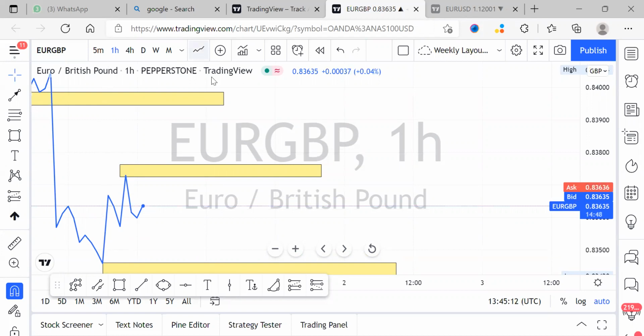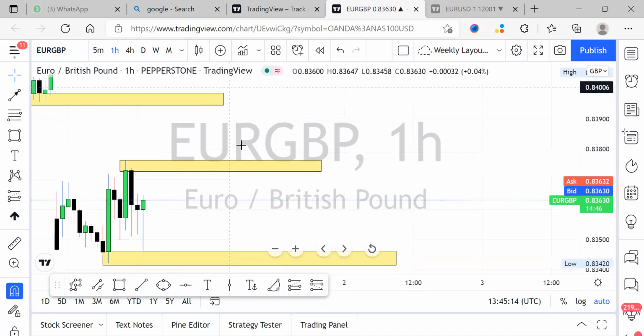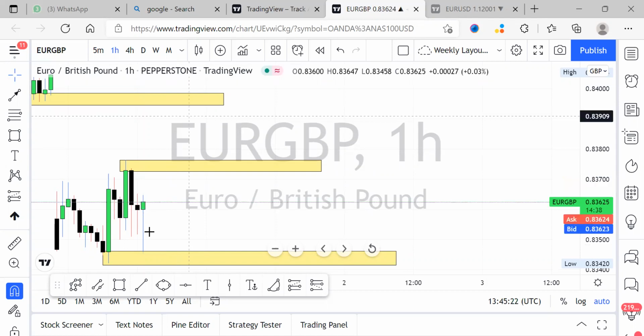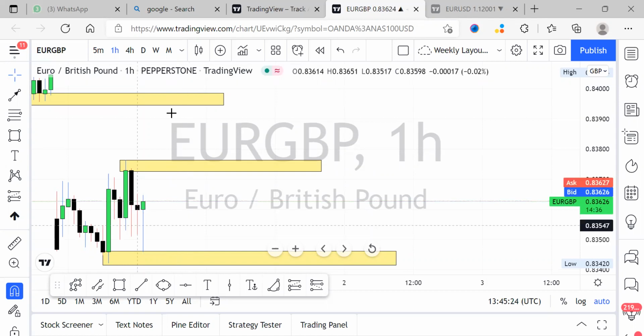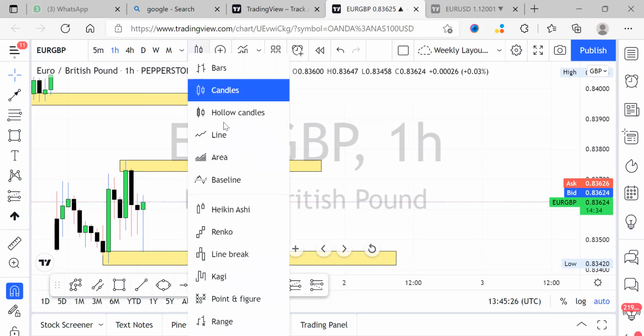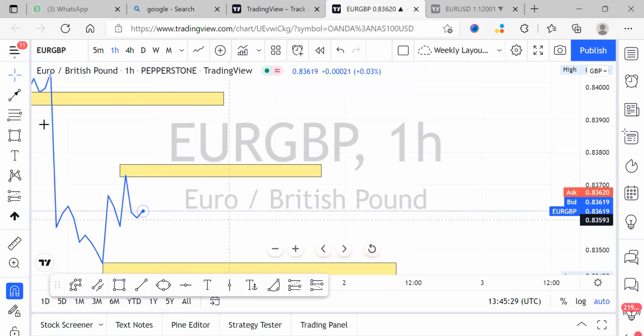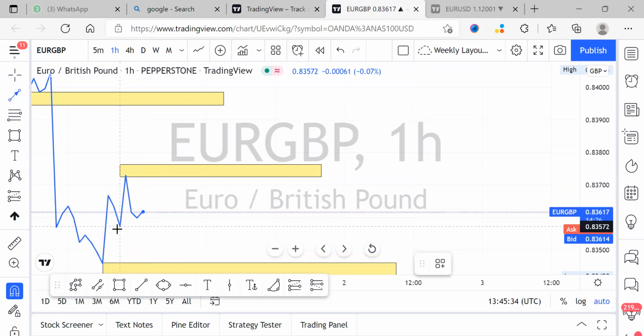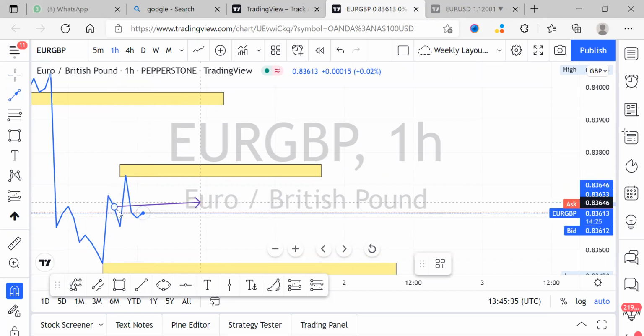So if I now go back to the candlesticks, all these wicks are not included in the line chart. So this is telling you on the line chart that price is going up. If you wanted to, you can use a trend line.